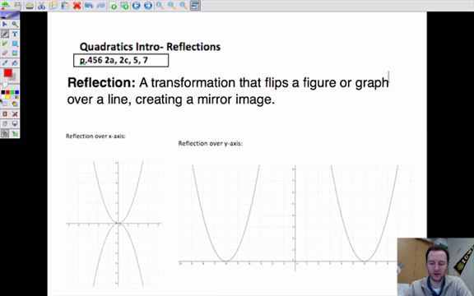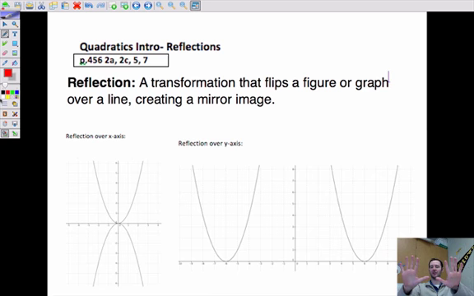And probably one of the better examples that I can give you for this before we get to a parabola are your two hands. So if you hold your two hands out in front of you and look at the backs of your hands, you see two mirror images of each other, right? There's this invisible line going between them, and then your hands are mirror images of each other.